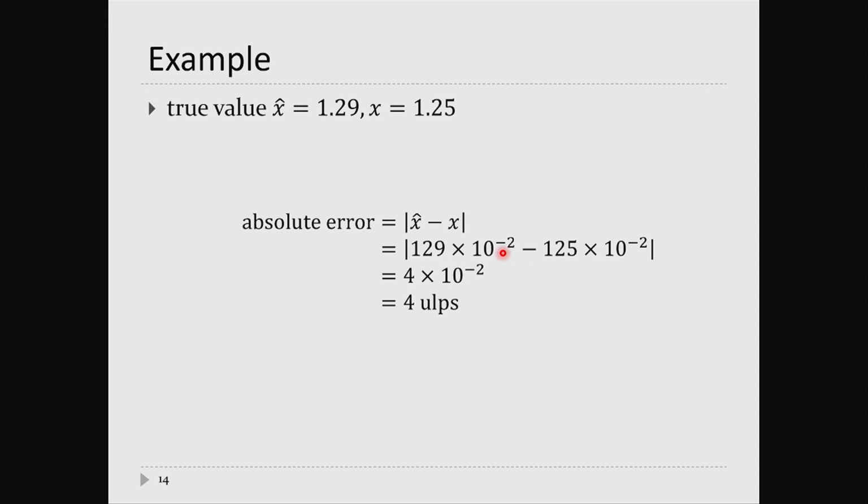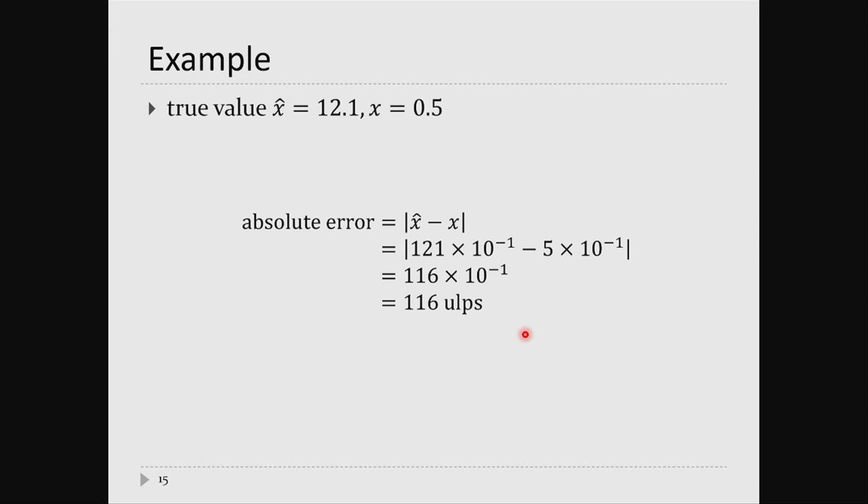The exponents are the same. So all I have to do is subtract 129 and 125 to get 4 ULPs. So this is the easiest example that you can do. Both the true value and the computed value, when you convert them to floating point, have the same exponent.